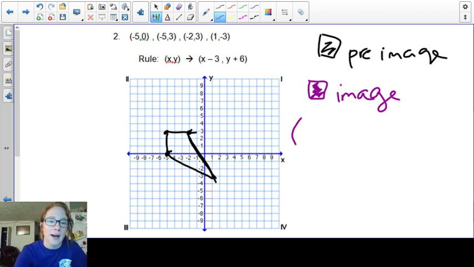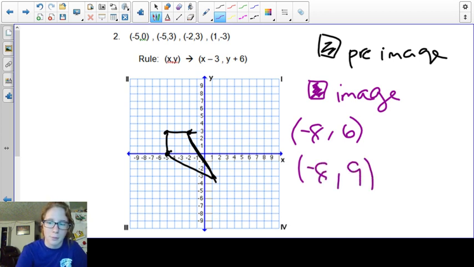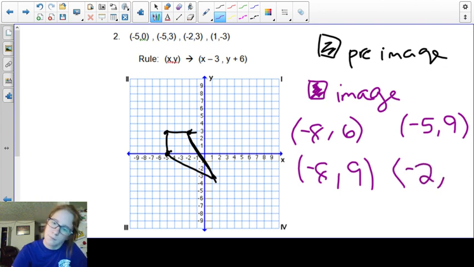So I'm going to be at -8, 6 for that first point. -8, 9 for that second point. -5, 9 for that third point. And -2, 3 for that last point.